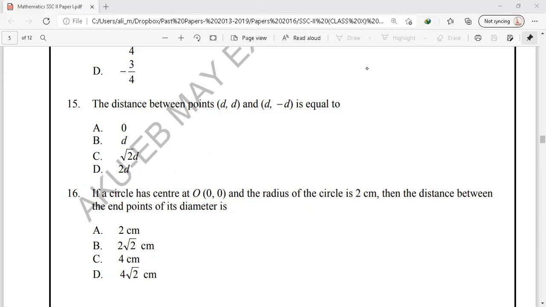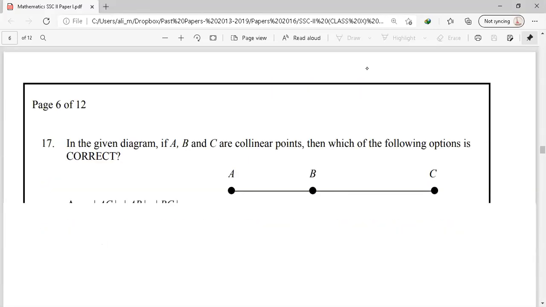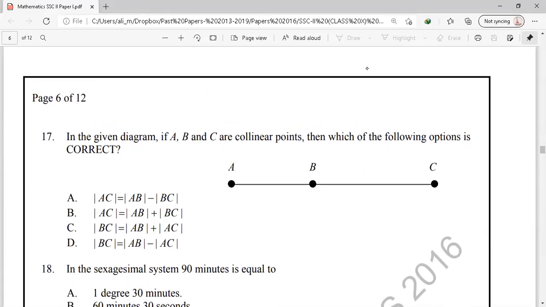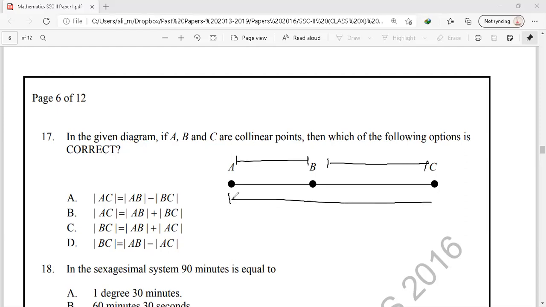Let's see question number 17. What do we have in this question? So 3 points are given in this diagram that are collinear points, and collinear points means that these points lie on a straight line. So for collinear points, the sum of this distance and this distance would be equal to the distance AC.